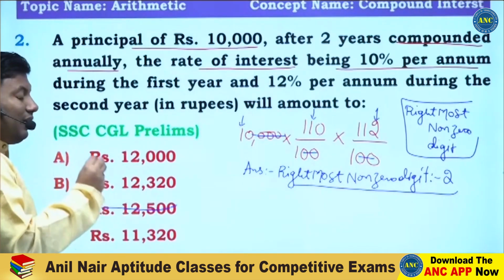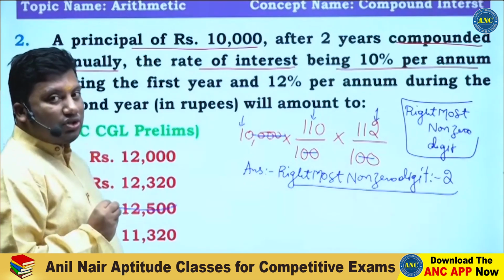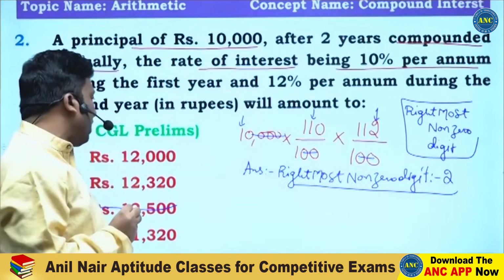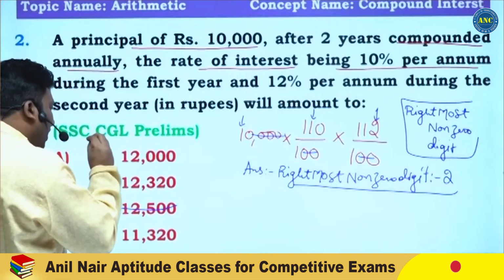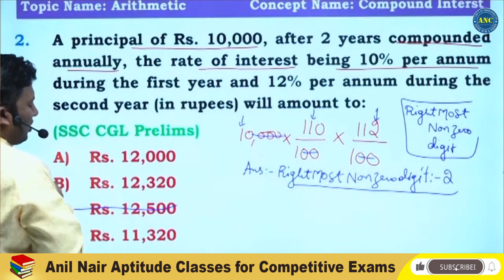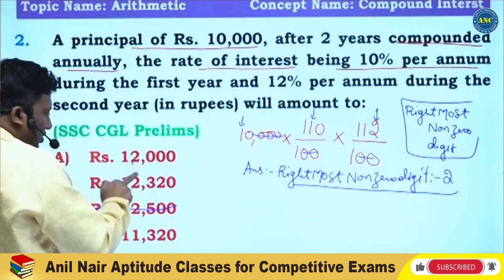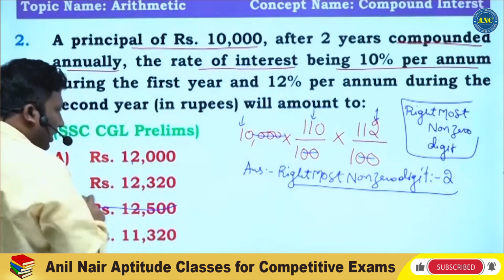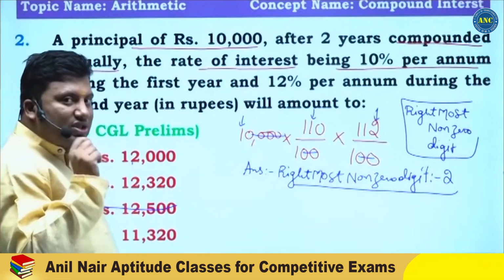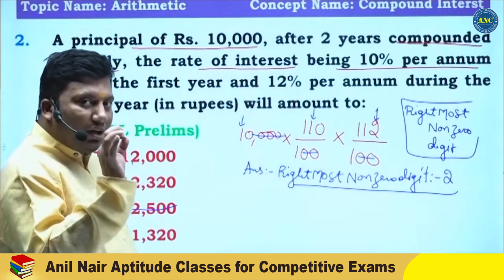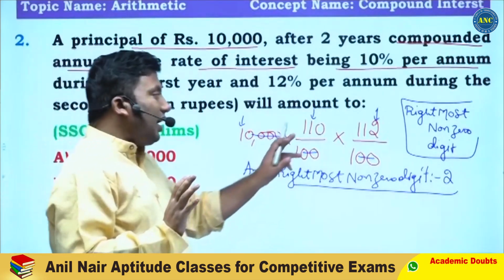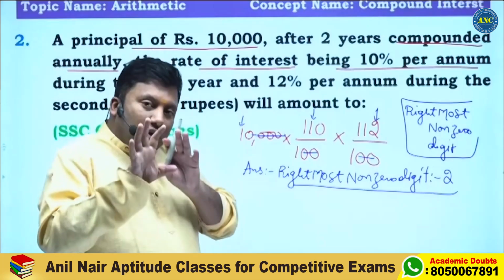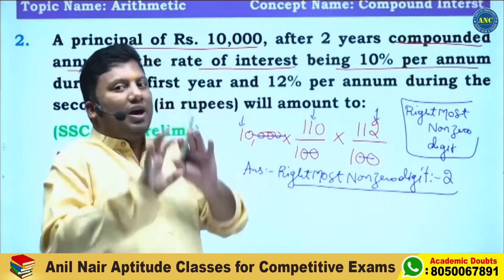Now, before using the rightmost non-zero digit, the first thing you should ask is, is there more than one answer option where the rightmost non-zero digit is 2? Here it is 2. Here it is 2. Here it is 2. If more than one answer option has the same rightmost non-zero digit, then the rightmost non-zero digit should not be used as the first way of solving.